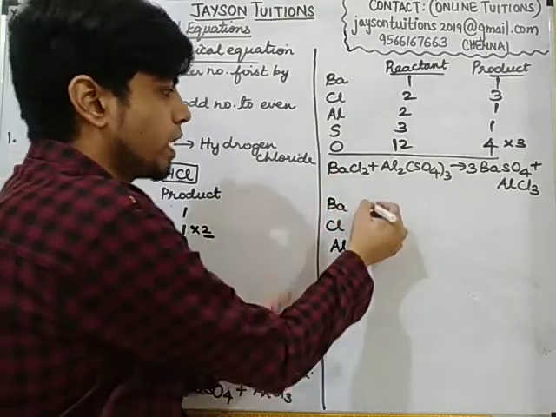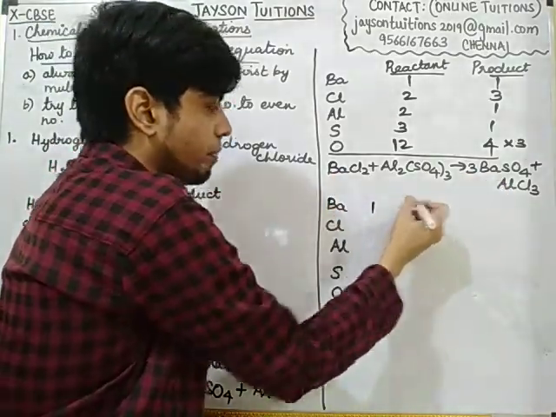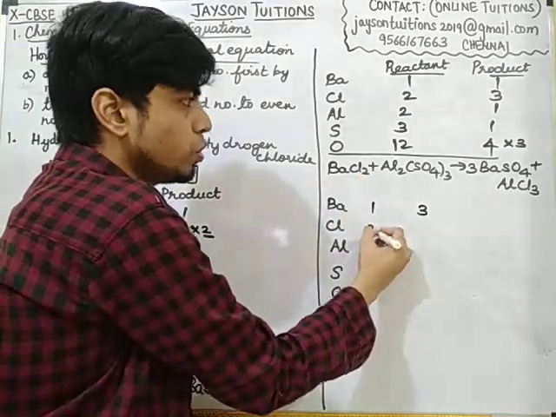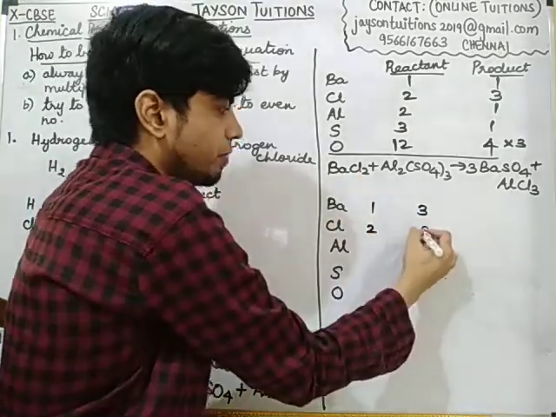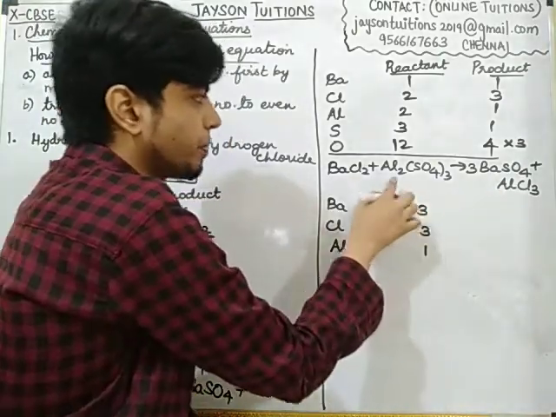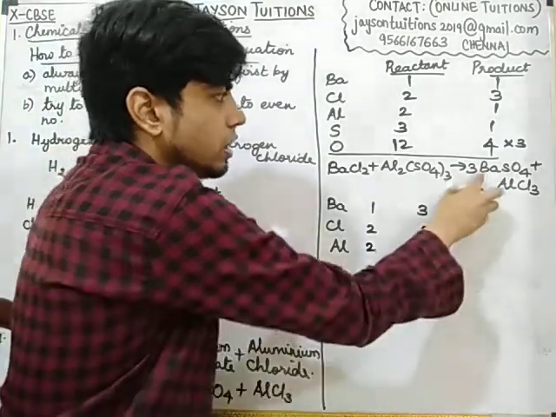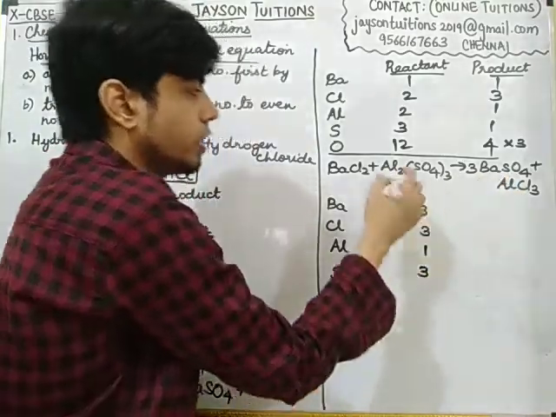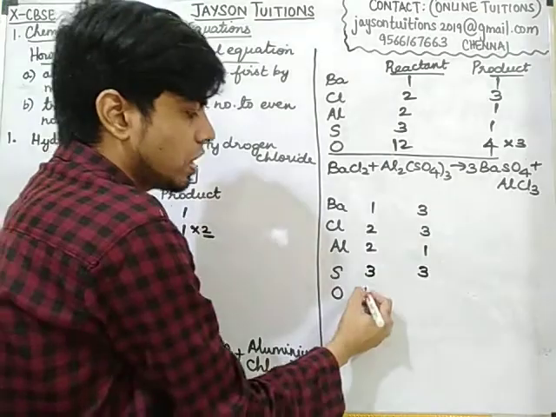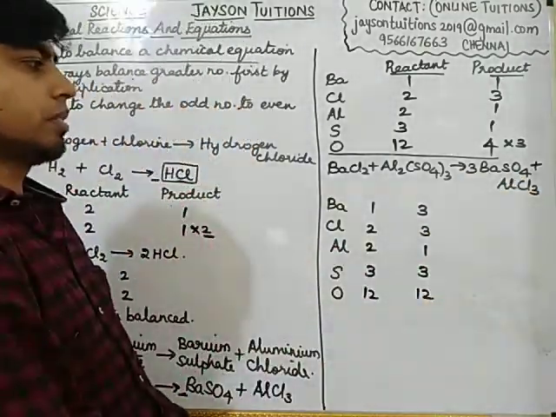So here it is 1 Ba, here 3 ones, it has become 3. Chlorine here it is 2, here it is 3. Okay, aluminium here it is 2, here it is 1. Okay, sulfur 3 ones are 3 sulfur, here 3 ones are 3 sulfur. Oxygen 3 fours are 12, here 3 fours are 12 oxygens.